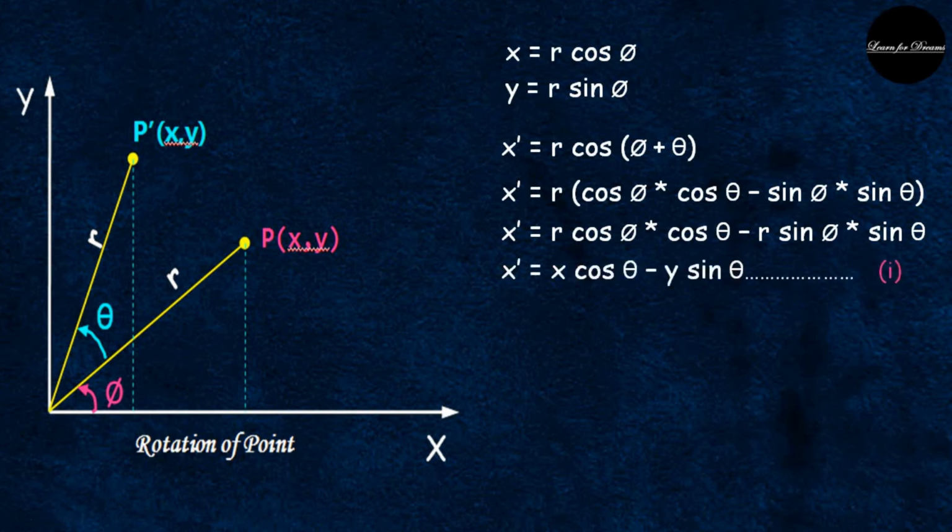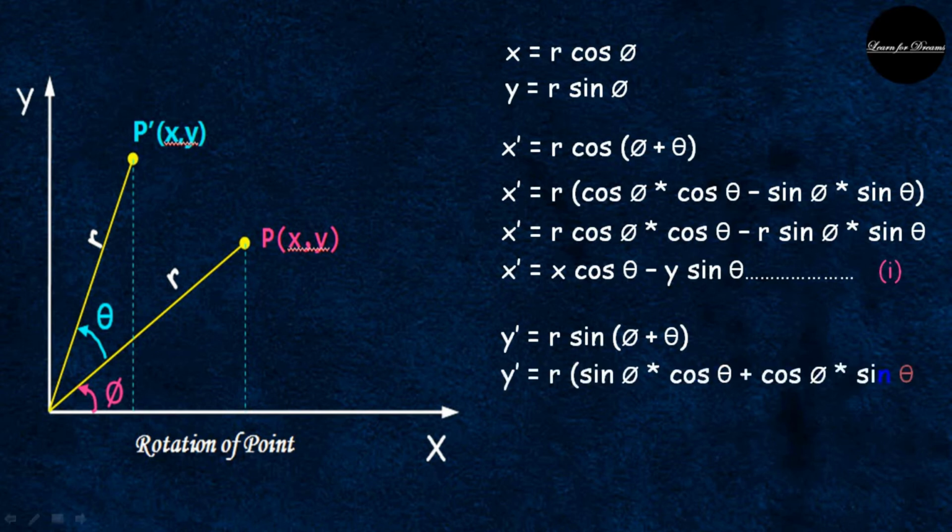Now we will replace r cos phi and r sin phi by x and y. So now we get the equation: x dash is equal to x cos theta minus y sin theta. Then y dash is equal to r sin (phi plus theta). We will expand this also. The formula for sin (a plus b) is sin a cos b plus cos a sin b.